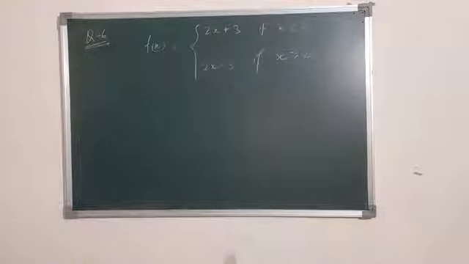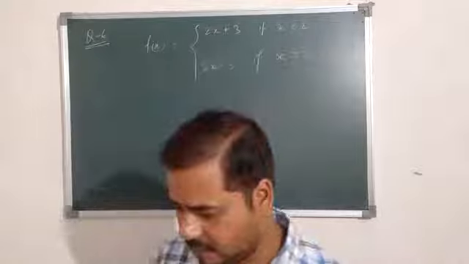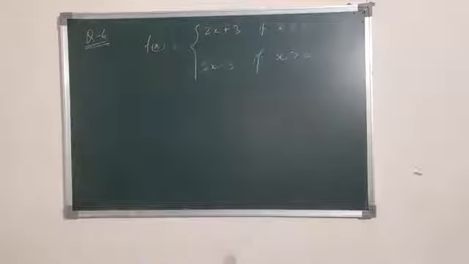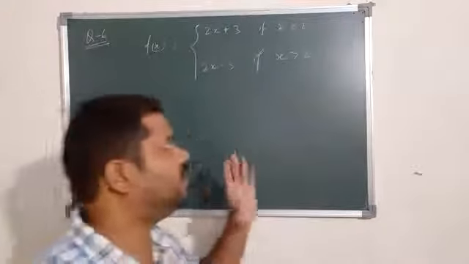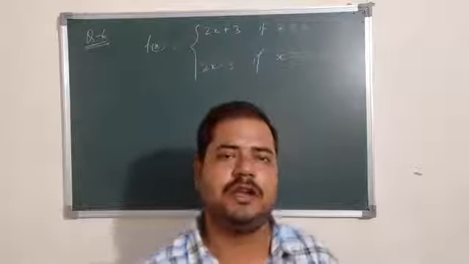Now here is the instruction for the question: find all the points of discontinuity of this function. In problems 6 to 12, we have to find all the points of discontinuity of f in each problem. So what is the point of discontinuity?